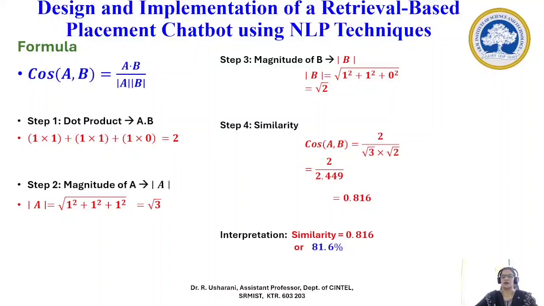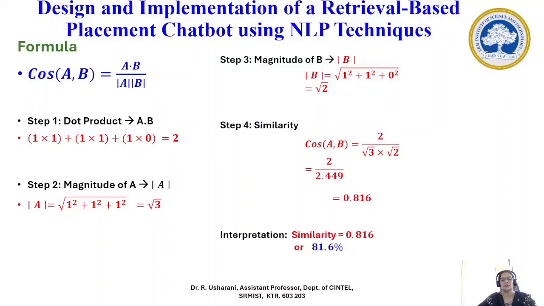Next, how do we measure the similarity using the cosine similarity formula? The cosine similarity of A comma B equals the dot product A into B, whose answer is 2, divided by magnitude of A, root 3, into magnitude of B, root 2. So the result is 0.816.